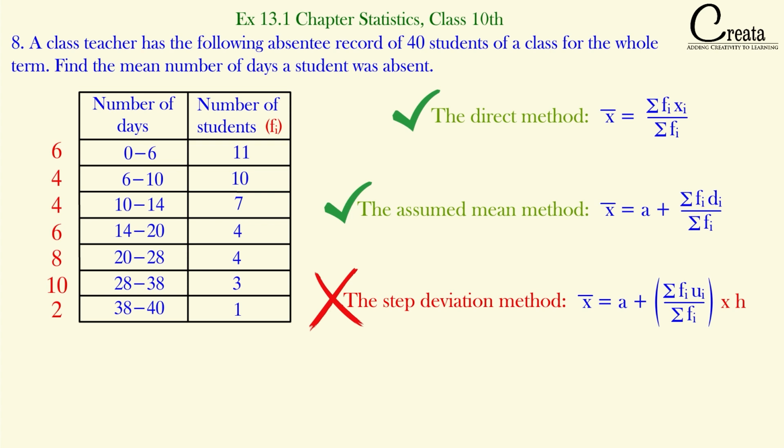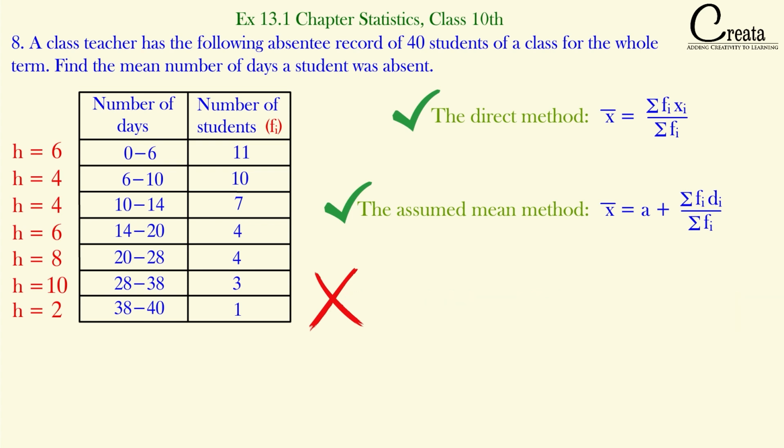The class size in the first row is 6. In the second row it is 4. In the third row it is again 4. In the fourth row it is 6. So basically our class size, h, varies from row to row. We do not have a common class size, which is the value of h.